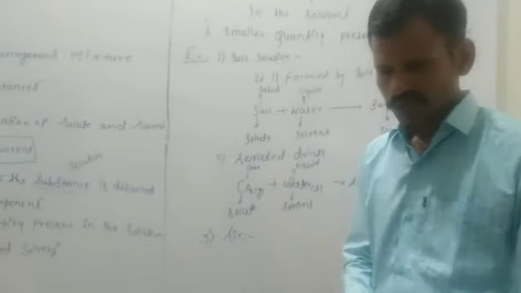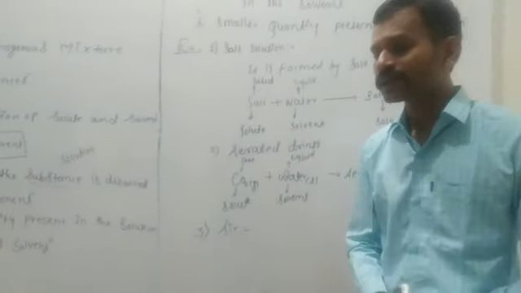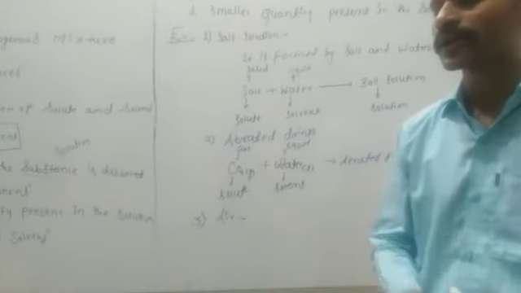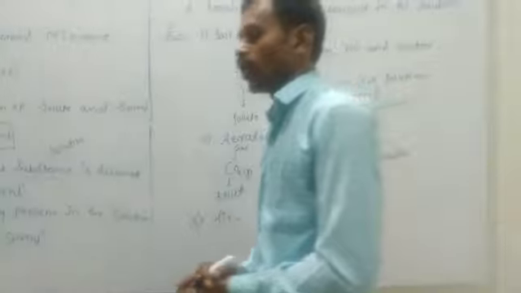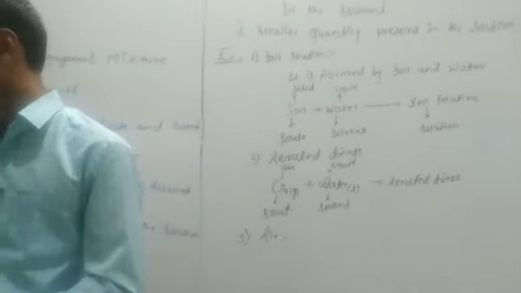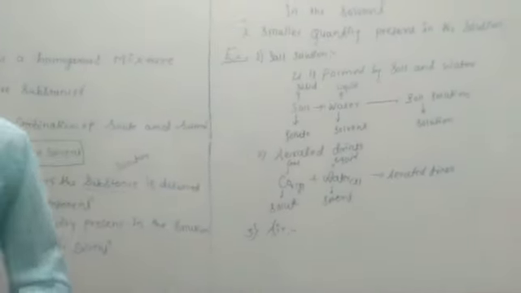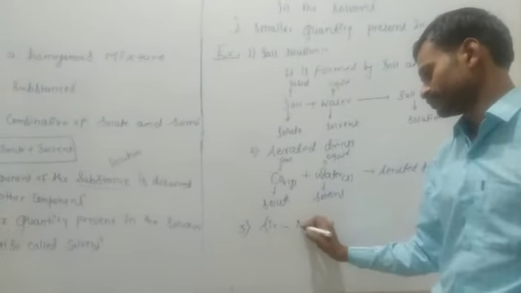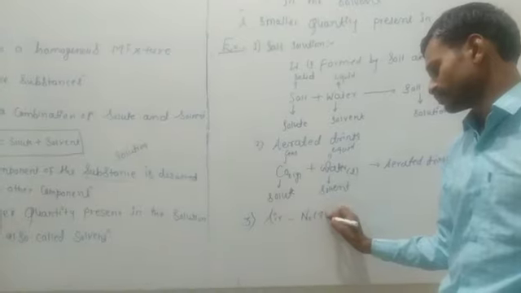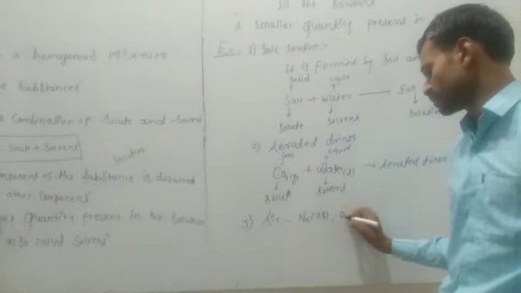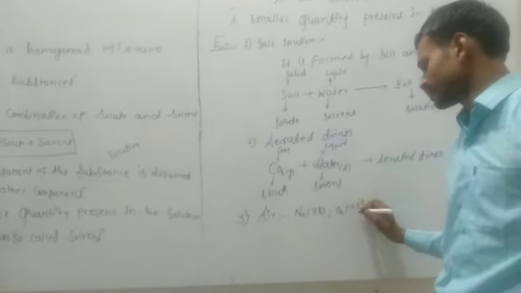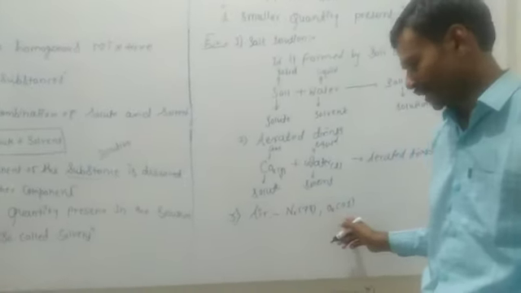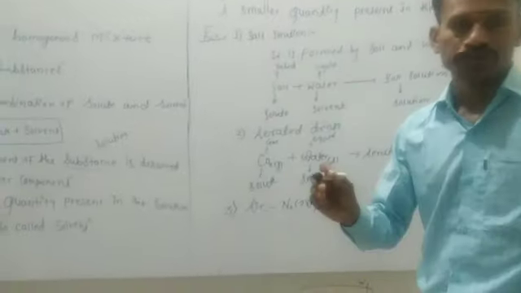Out of these, we take oxygen gas and nitrogen gas: oxygen is 21% and nitrogen is the larger portion, and other gases are also present. Larger quantity, smaller quantity: a gas in gas solution.